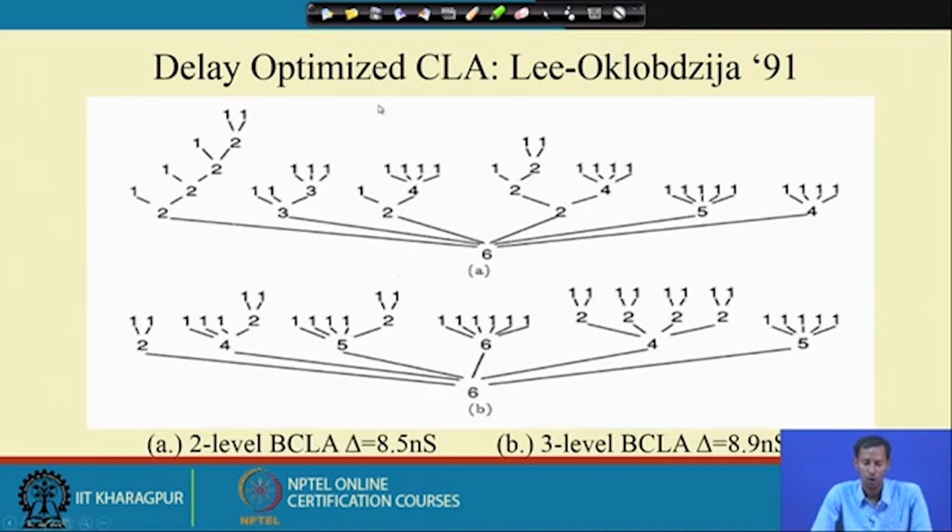Okay. So, then again, this is another example if I choose this delay optimized CLA circuit. At that time I can get the benefit. So, this is another example where we choose something like 1 1 then 2, then 1, then 2, then 1, then 2. 1 1 means this is the one input.